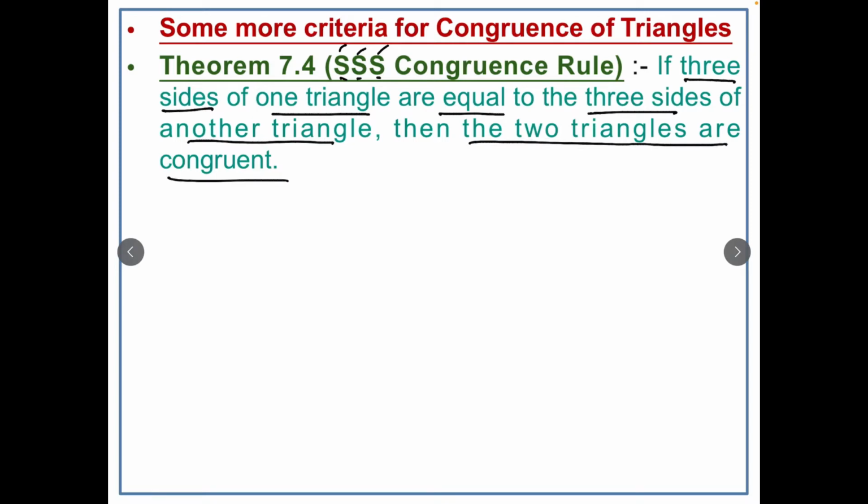That's why it's called the SSS congruence rule. If this is the case, the two triangles will be called congruent.